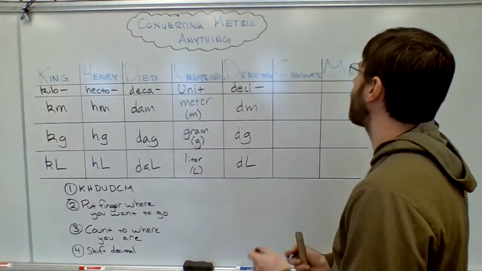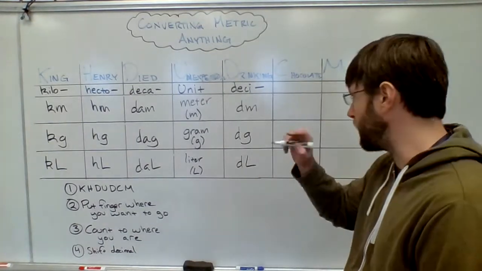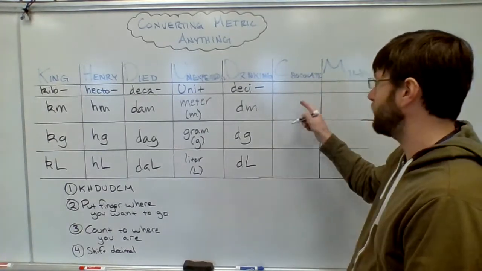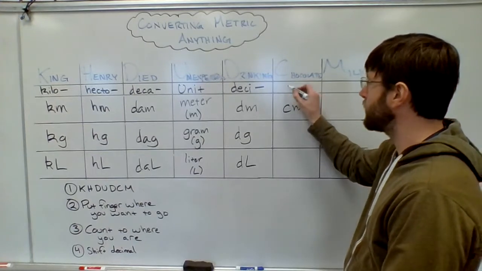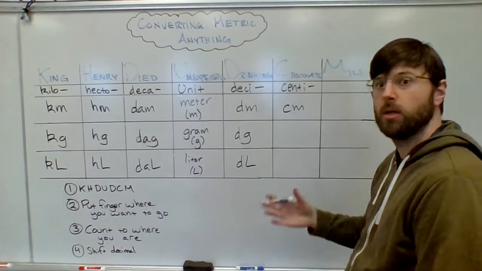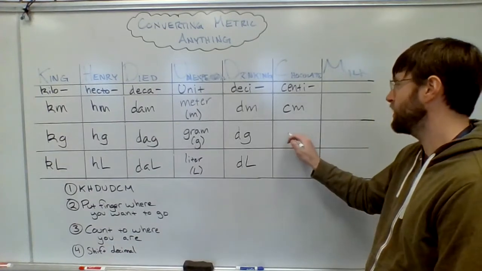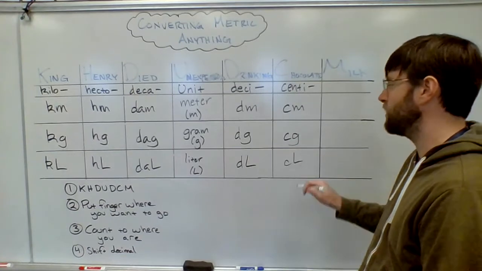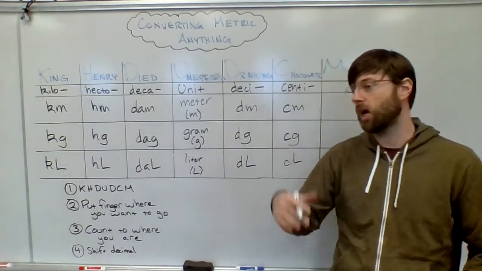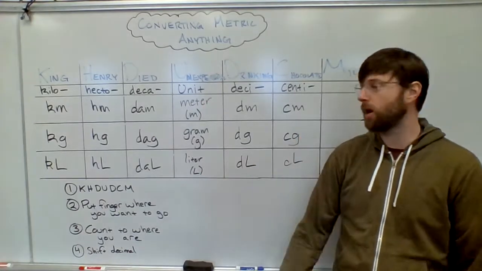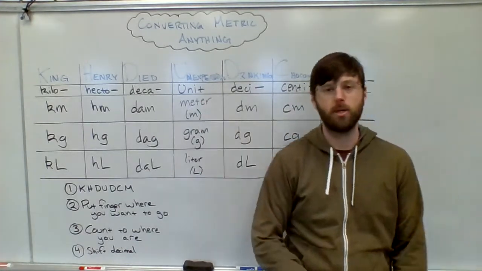You got it. All right, this one I think some of you may have known. We use this for measurement. This one was centimeters, right? So we've got centi. Centi means hundredth, centimeters, centigrams, centiliters. It would take 100 centiliters to make a liter, 100 centigrams to make a gram, 100 centimeters to make a meter.